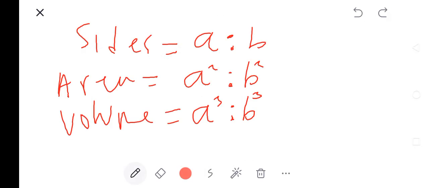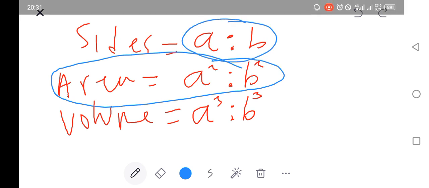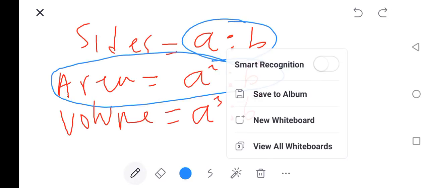So to find the ratios of their area, we apply this formula here using the sides. Meaning our sides, it's 2, which we've reduced. It is no longer 2, it's 1 to 2. We reduced it.